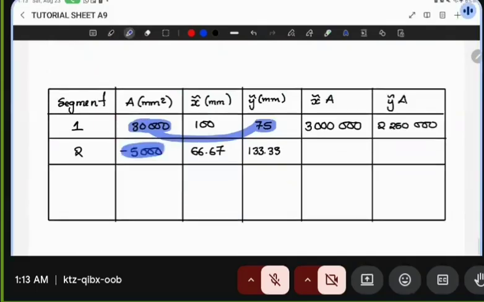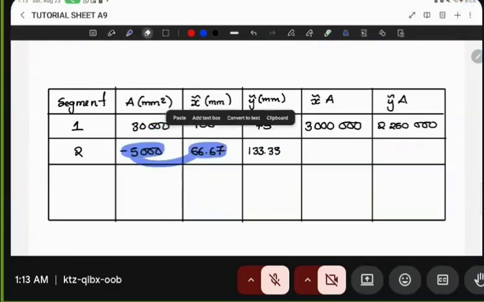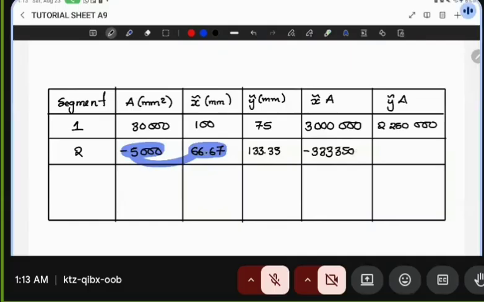What would be 5,000 multiplying this? 350. Like that? Yes. In the same way, see that I've carried the negative as well. It's also multiplying.